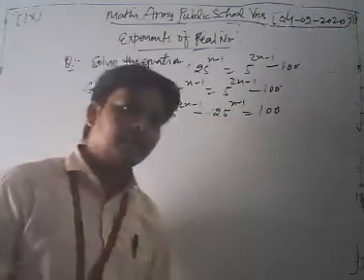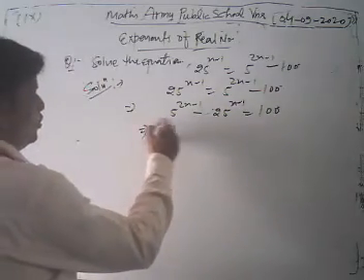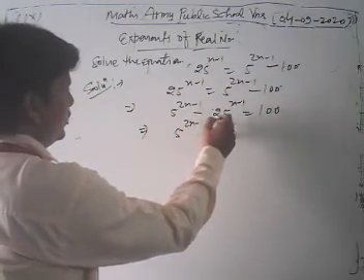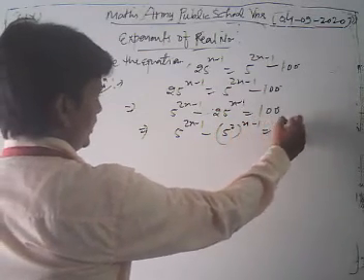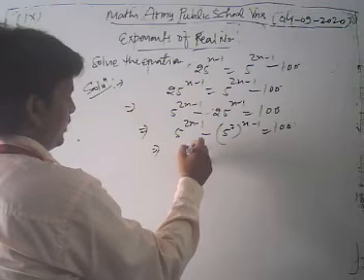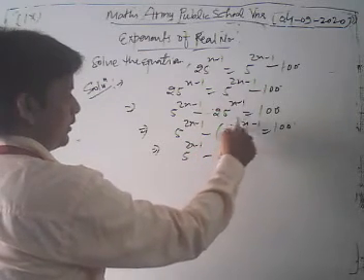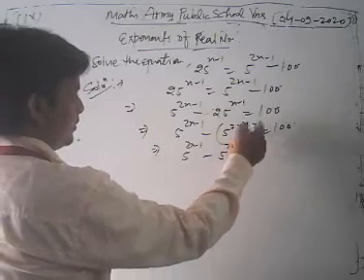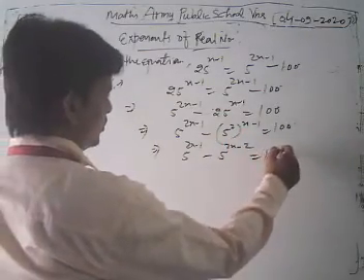Dear students, we can write the given equation in that way. Now look, we can write 25 as 5 square, so 5 to the power 2x minus 1 minus 5 to the power 2 into x minus 1, we multiply both powers, so 2x minus 2, is equal to 100.